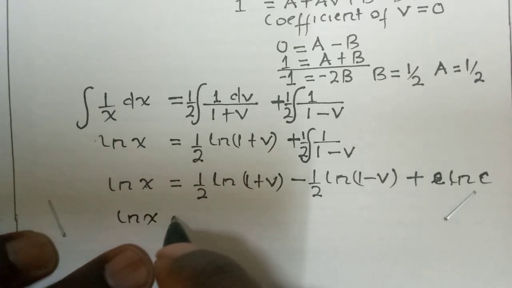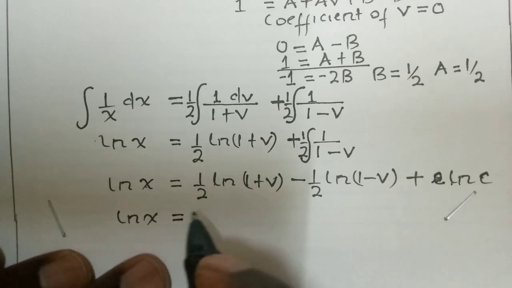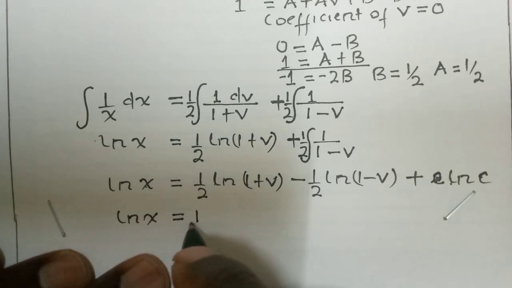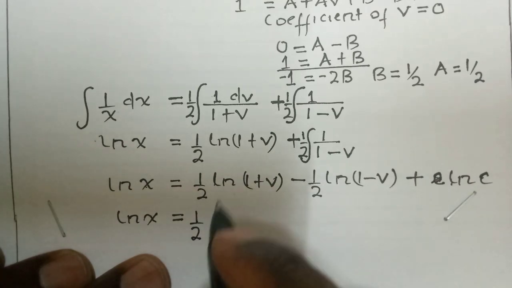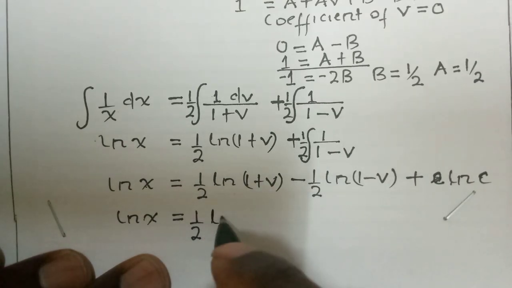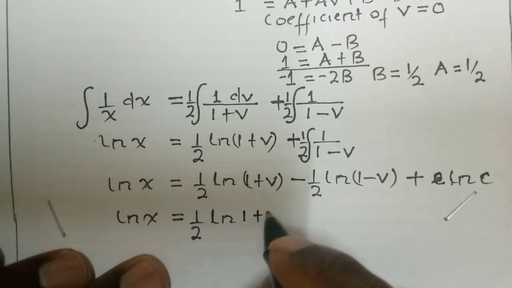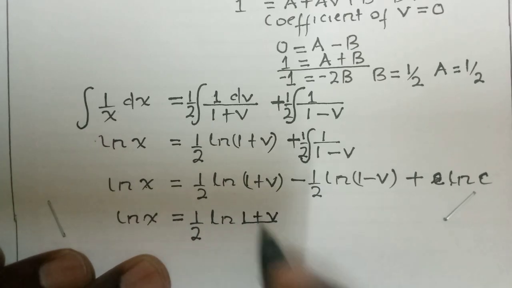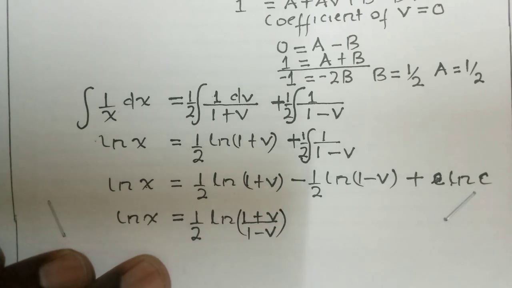ln x now equals to, we can put a half here guys, like that, and then we can now subtract this. In other words, when we subtract, it will be ln 1 plus v all over 1 minus v, like that guys.